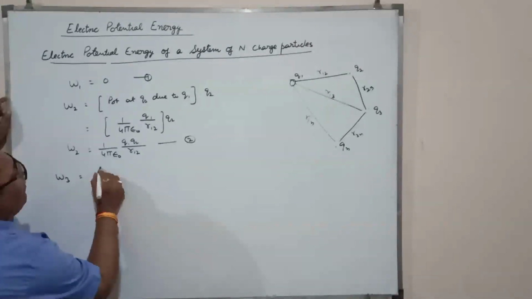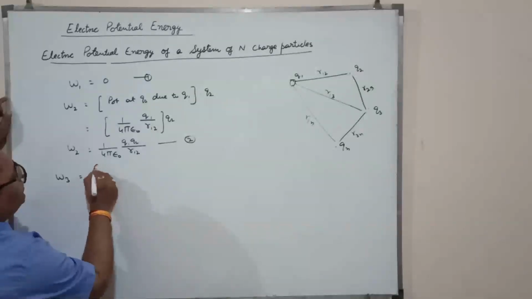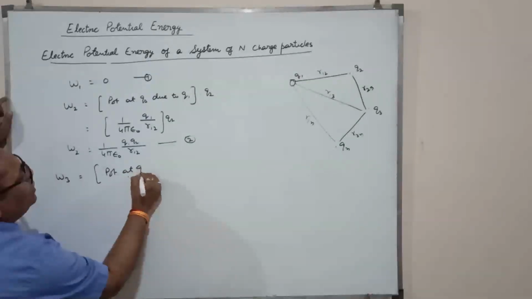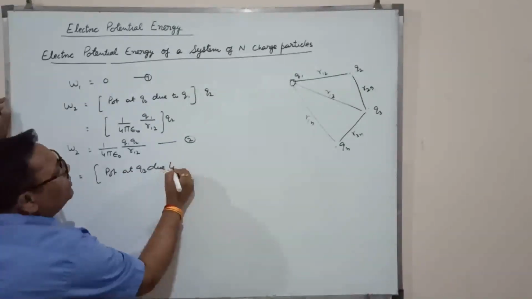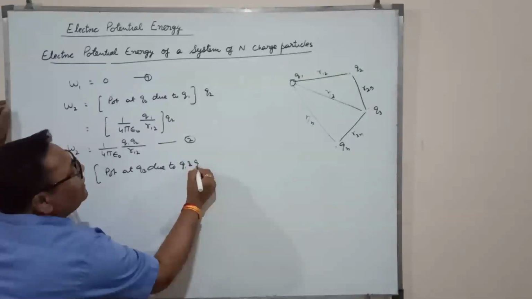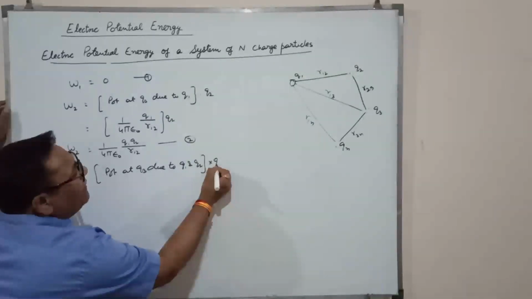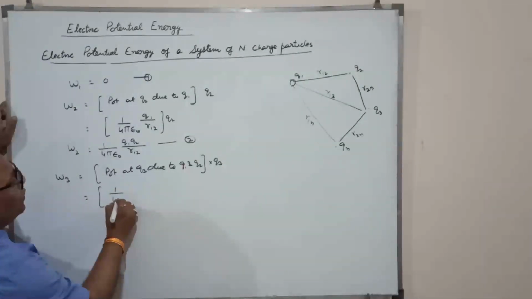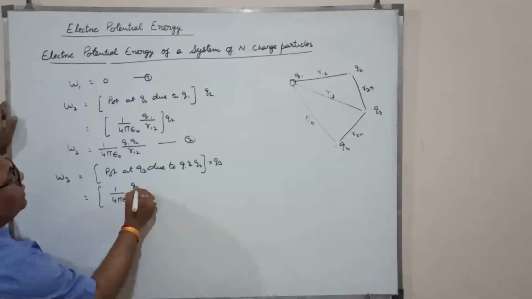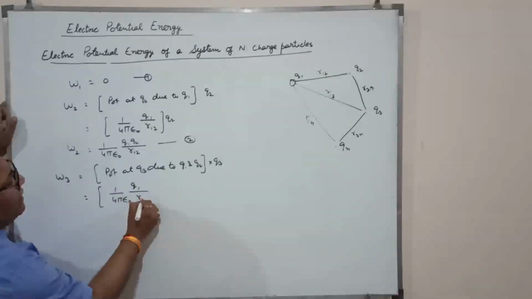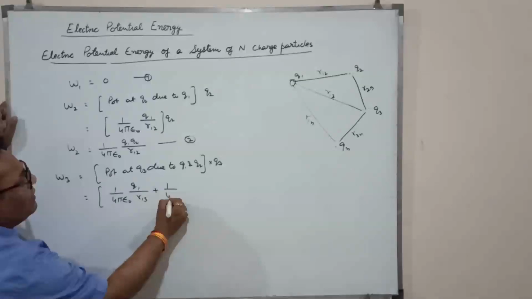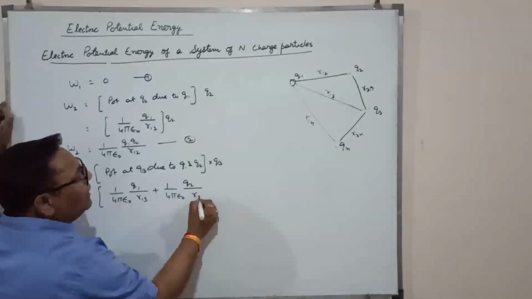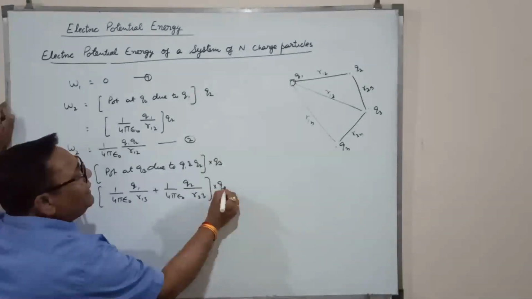W3 is equal to the potential at Q3 due to the Q1 and Q2 charged particles multiplied by Q3, that is 1 upon 4 pi epsilon 0 Q1 upon R13 plus 1 upon 4 pi epsilon 0 Q2 upon R23, multiplied by Q3.